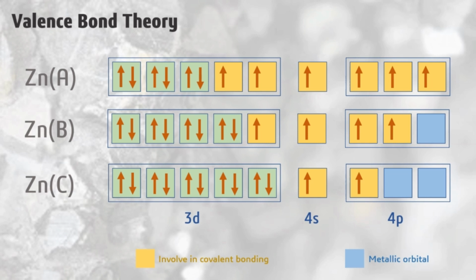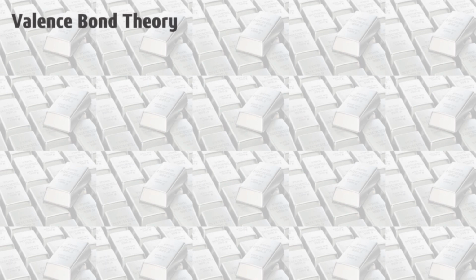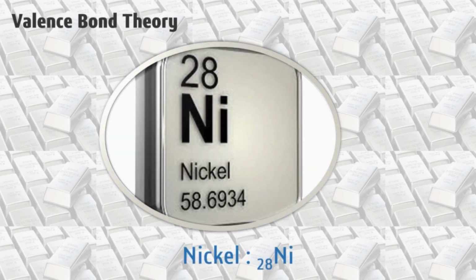There are some situations where all the unpaired electrons in the d shell may not participate in covalent bonding. Some of them remain non-bonded. Orbitals containing those electrons are called nonbonding orbitals. These orbitals remain non-bonding because of steric hindrance. Considering such a situation, we can explain the paramagnetism of the metals.